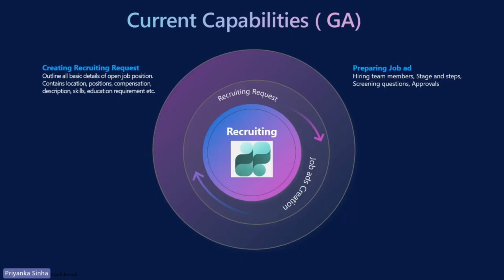Then job ad creation and posting, which enables the hiring manager to create and publish job ads and post them on internal career sites for both internal and external candidates. And candidates can create their profile, apply for jobs, track their application, and withdraw applications. So there are a whole lot of features for candidates.